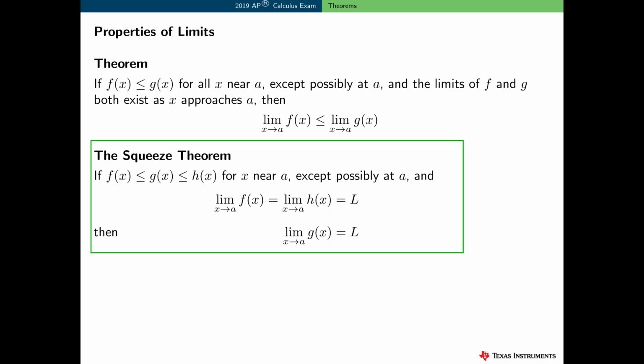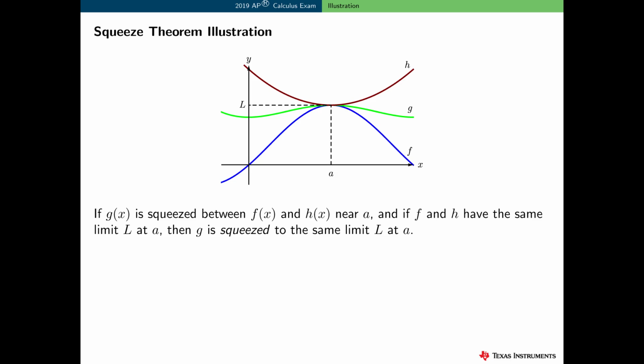If f of x is less than or equal to g of x is less than or equal to h of x for all x near a except possibly at a, and the limit as x goes to a of f of x is equal to the limit as x goes to a of h of x is equal to L, so the two outside functions are zeroing in on L, then the limit as x goes to a of g of x is also L, so the sandwiched function or the squeezed function must also be zeroing in on L. The squeeze theorem is also sometimes called the sandwich theorem or the pinching theorem.